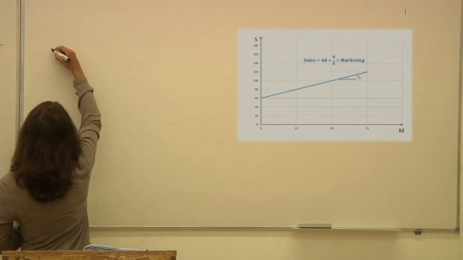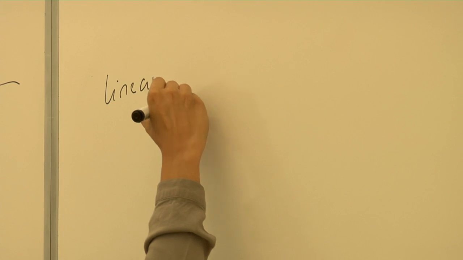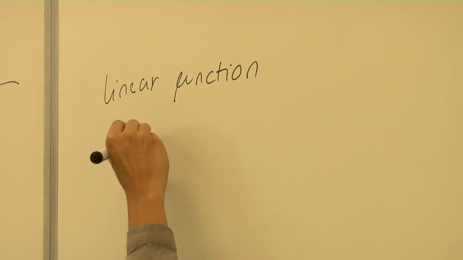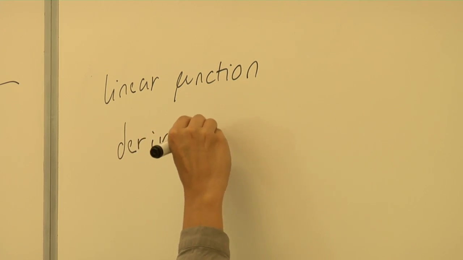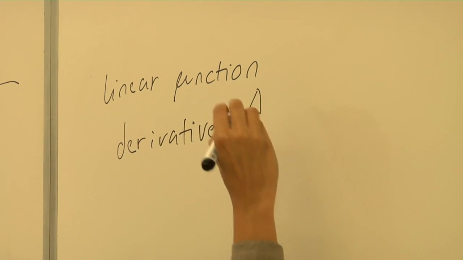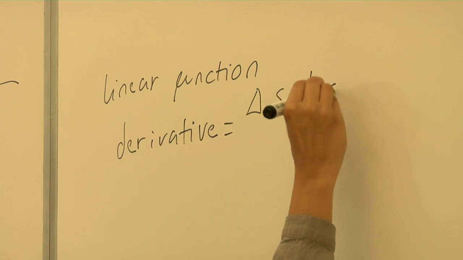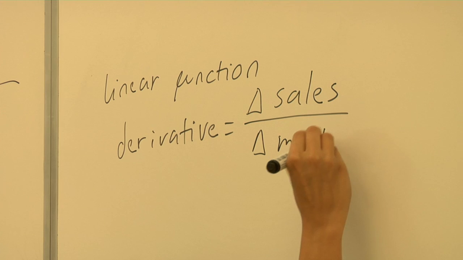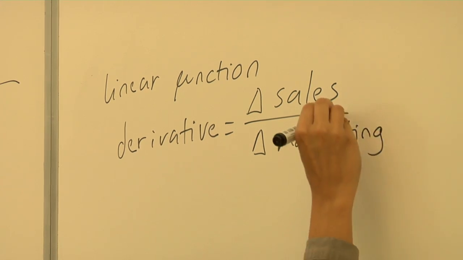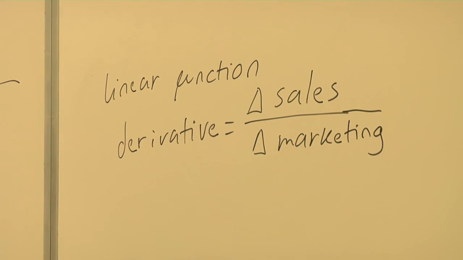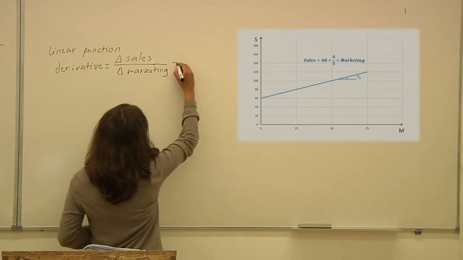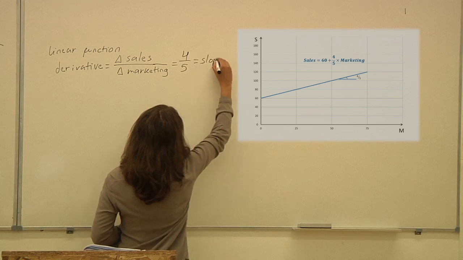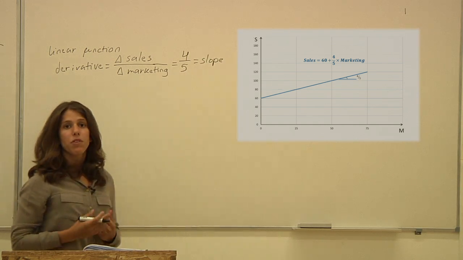Therefore, in this linear function, the derivative will be equal to the ratio between the change in sales and the change in marketing expenditure, like before, right? So this is equal to 4/5, which is basically the slope of our function.